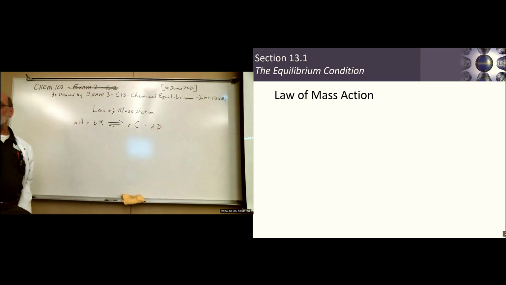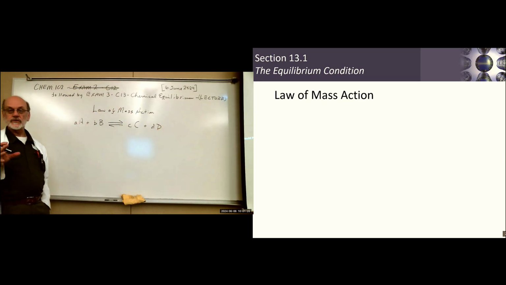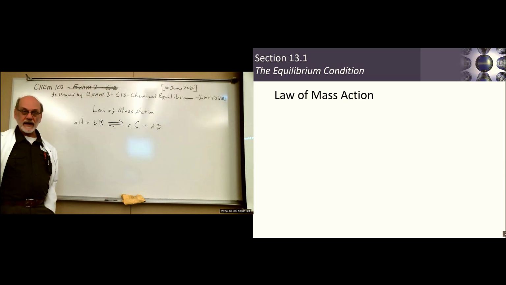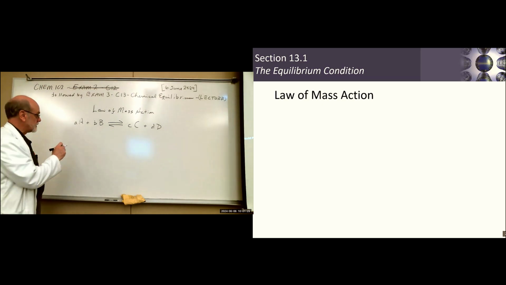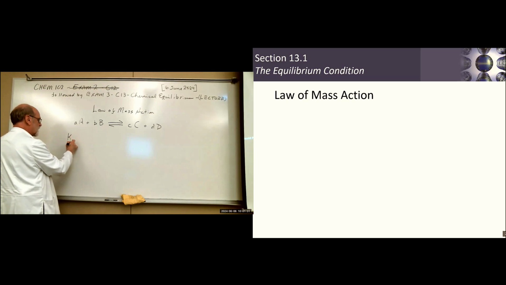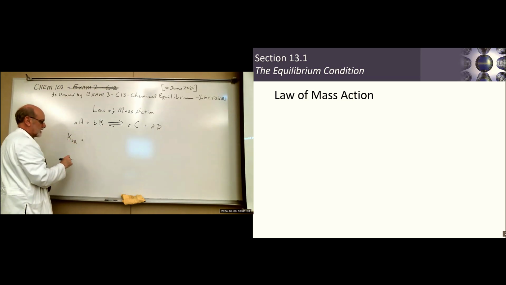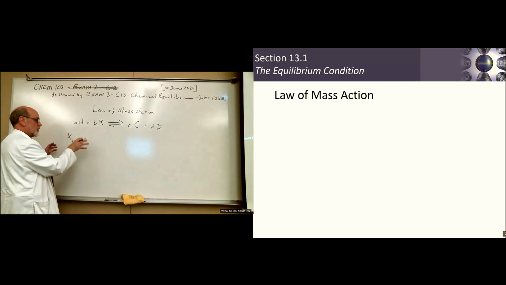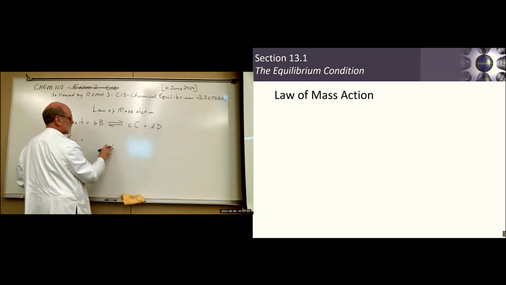So the small letters are the coefficients. Once you reach equilibrium, we can write an expression at a given temperature, as long as the temperature is constant. Then you can say we have an equilibrium constant that we can write in terms of these concentrations.